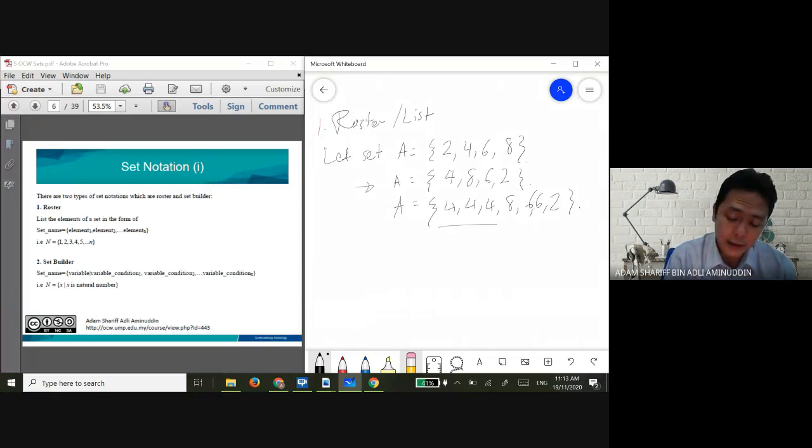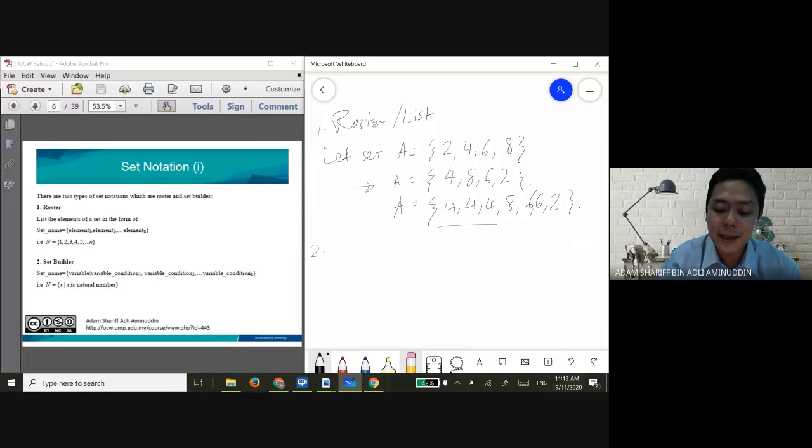Okay? There is some problem with roster notation, by the way. Because roster notation, if the number of elements is finite and many, then the list will be quite long. Therefore, a set builder notation is much more common.